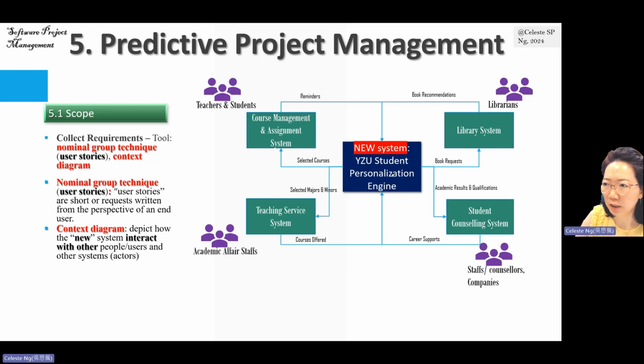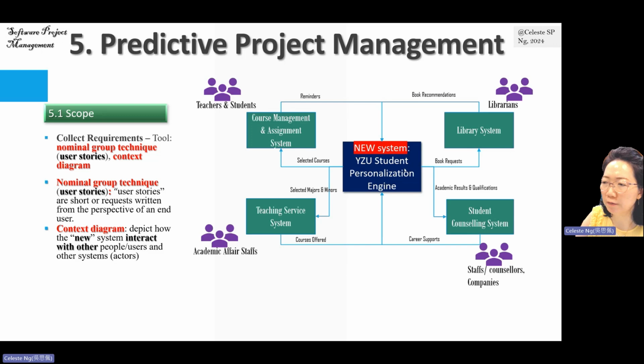So I'll give you an example. This new system is called YZU Student Personalization System. The students require that through this new system, he or she can get reminder messages of the course assignment. They want to get the assignment deadline reminder in this system. So this new system has to talk with the course management information system.